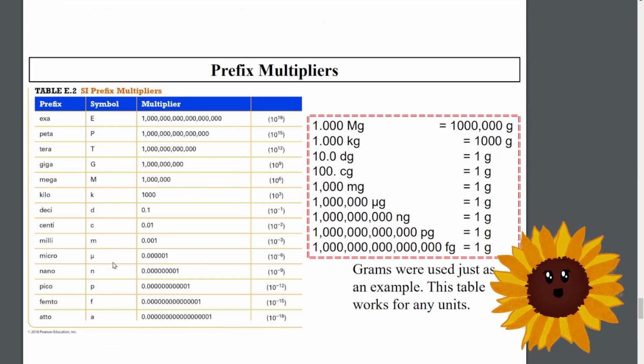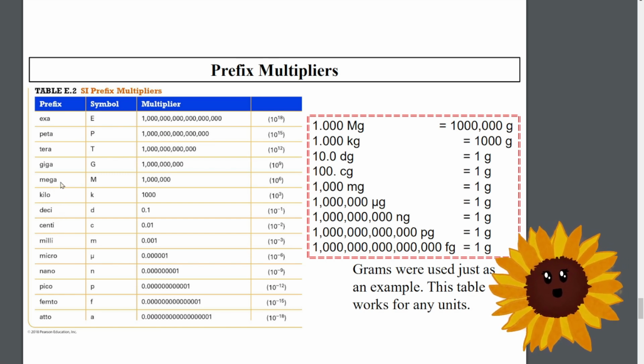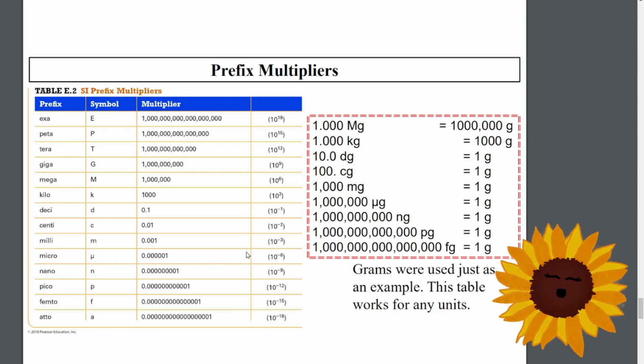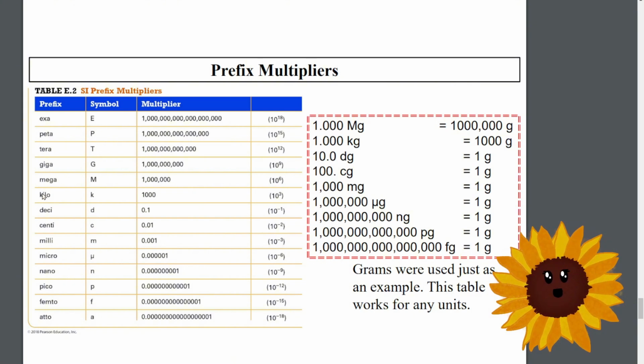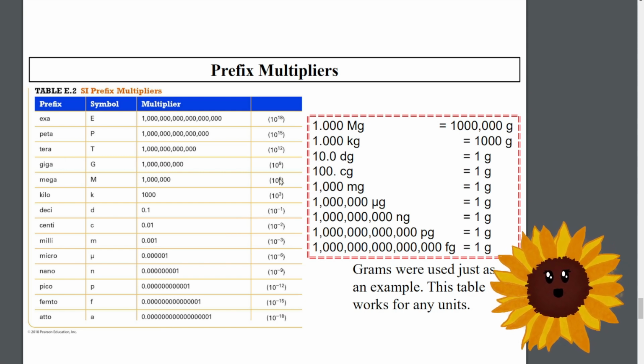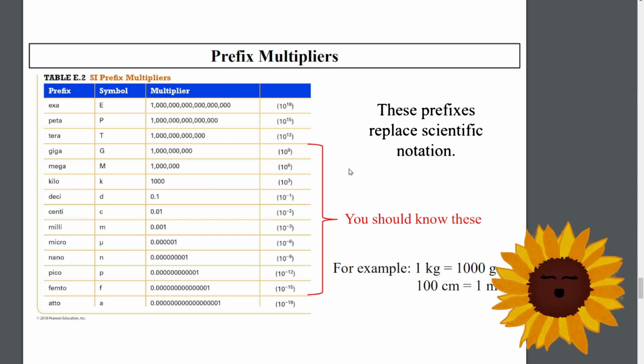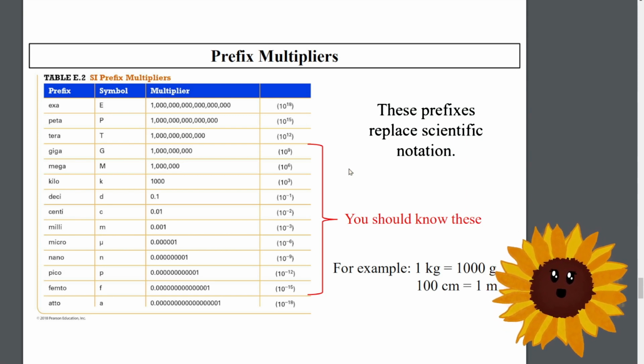So it would be like centigrams, decigrams, kilograms, megagrams, gigagrams, teragrams, or in the modern age we could use bytes. We got kilobytes, megabytes, gigabytes, terabytes, right? Terabytes are one of the biggest ones right now. Each of these prefixes could go before every single unit of measurement.